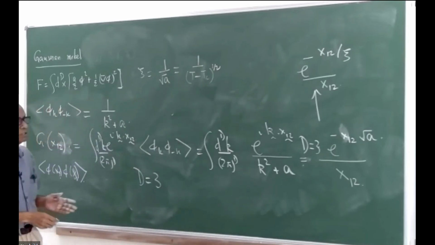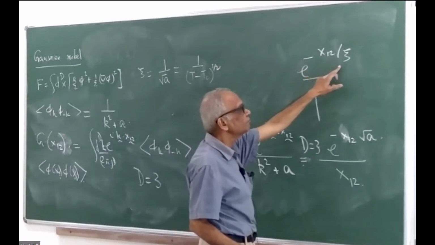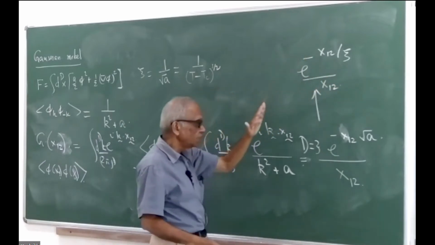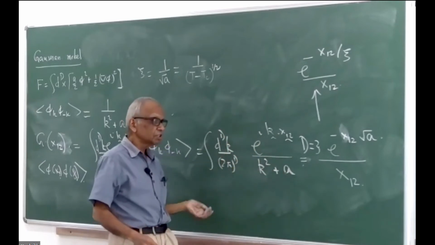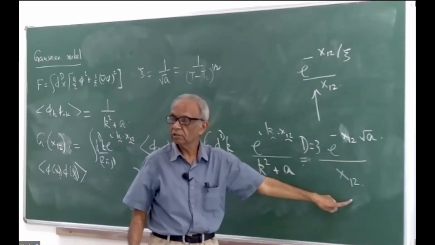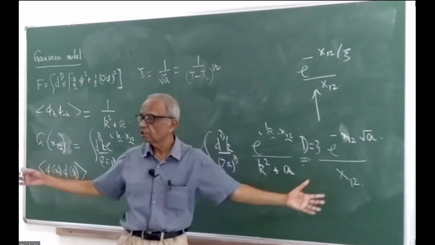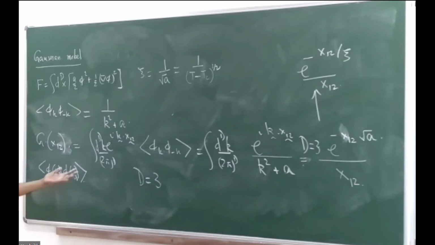So at the critical point, this correlation length becomes infinitely big. This goes away. A equal to 0. It's the Coulomb problem, and the answer is 1 over x12. So long range Coulomb force, Coulomb-like at 1 over x12.